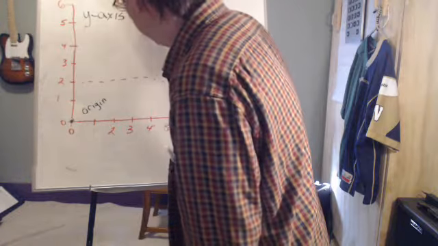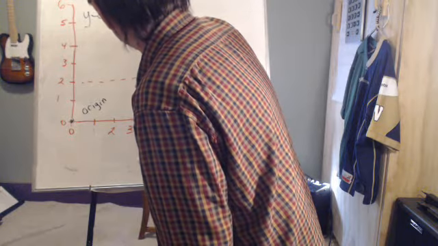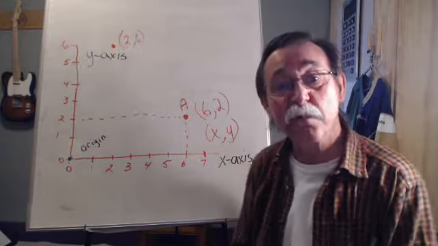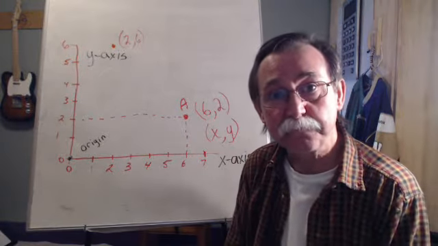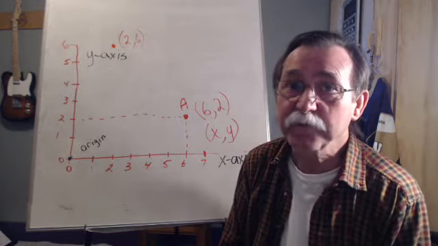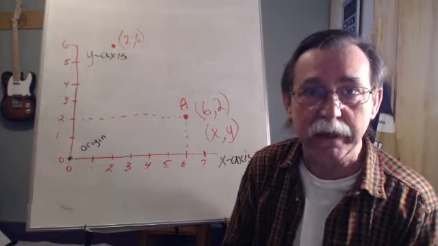There's 6, and 2, 6 would be right about there. Let me just change that a little bit. There you go. That's the point (2, 6). So you've got to say them in the proper order. Otherwise, you're going to get a wrong answer or a wrong understanding.